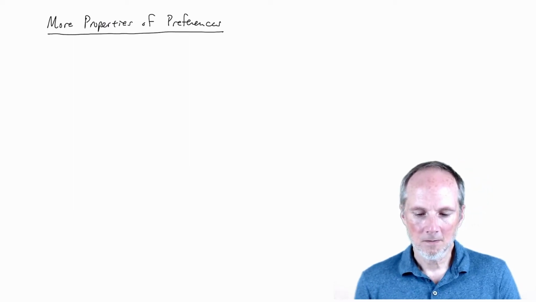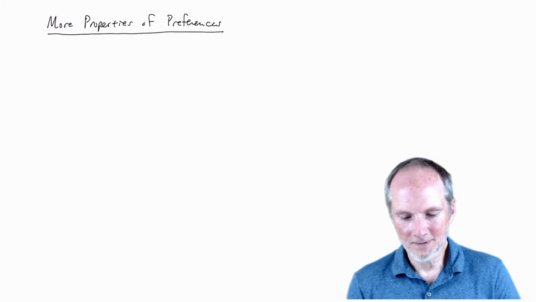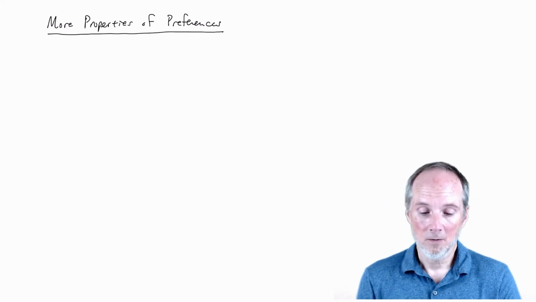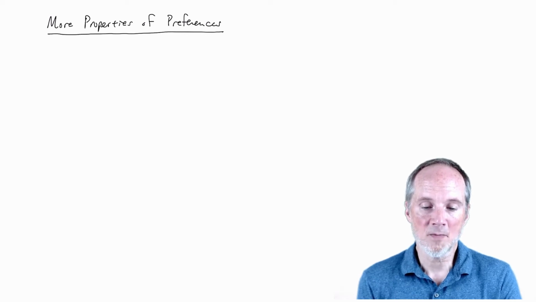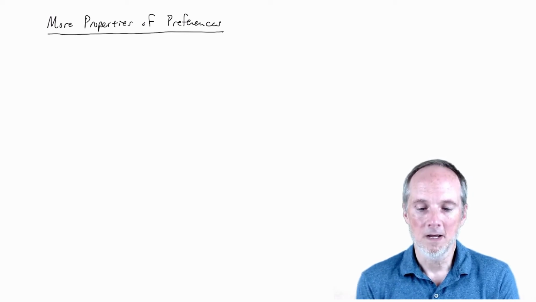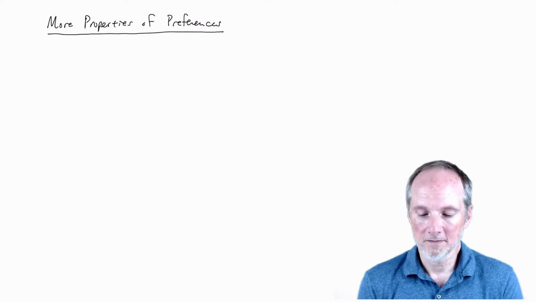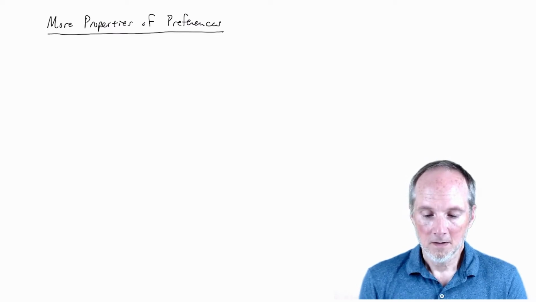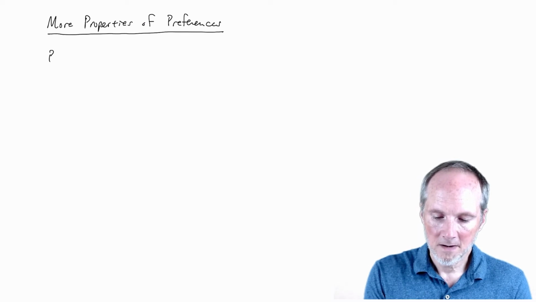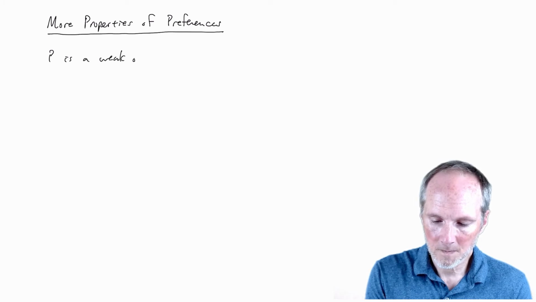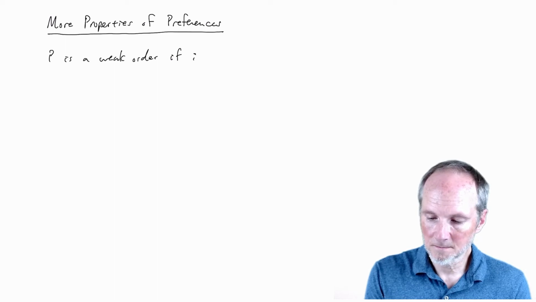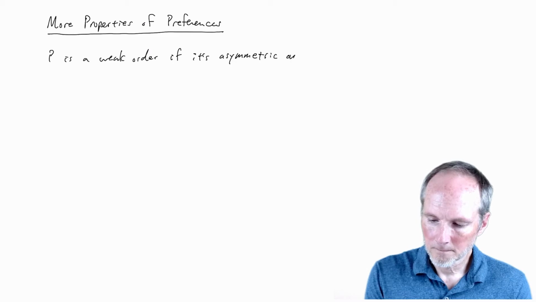And, well, as the title suggests, I'm just going to pick up from last time where we talked about three different properties of a preference relation: asymmetry, transitivity, and negative transitivity. And there we said that P, strict preference relation P, is a weak order as long as it is asymmetric and negatively transitive.